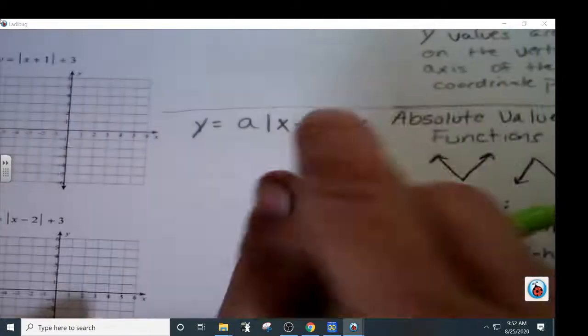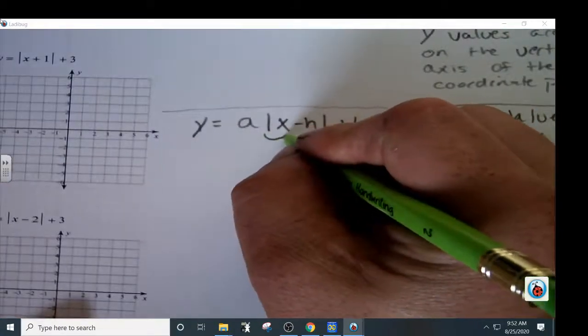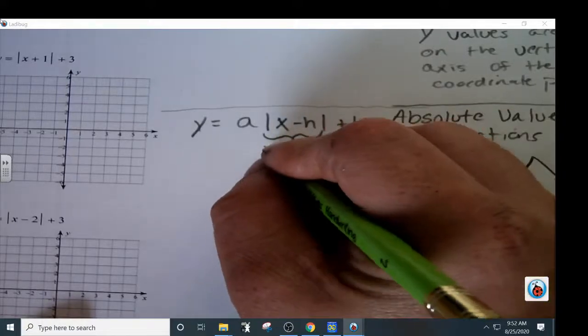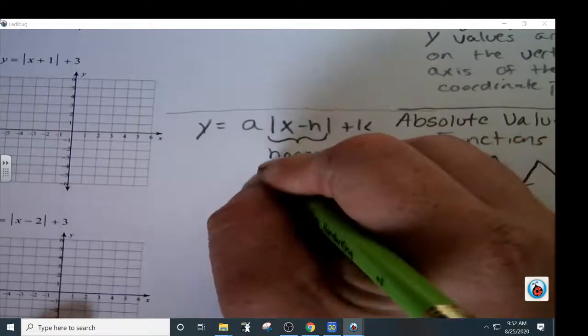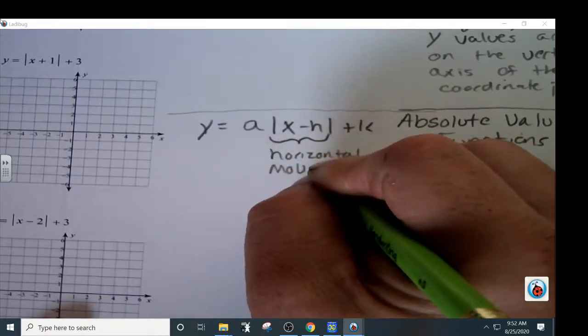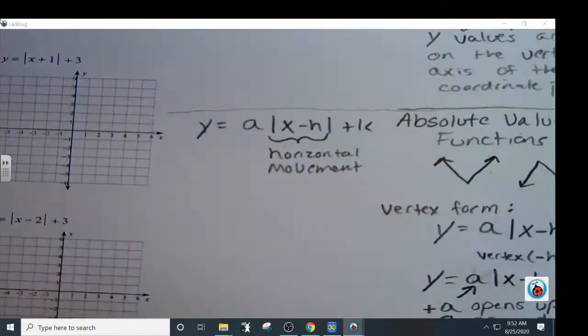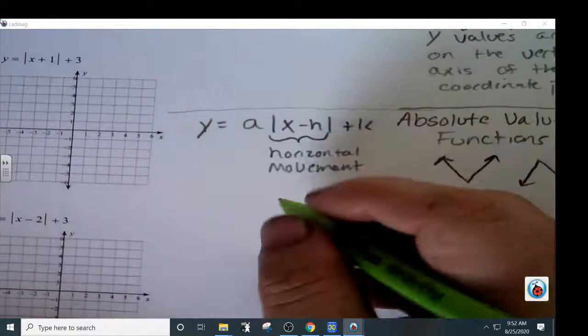Now, guys, this part is our horizontal movement. Okay, so that part in the absolute value bars tells us the horizontal movement, whether it's left or right. Well, how do we tell? I'm gonna tell you that now.